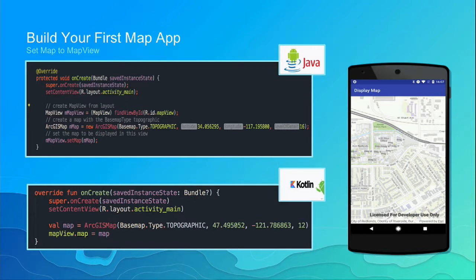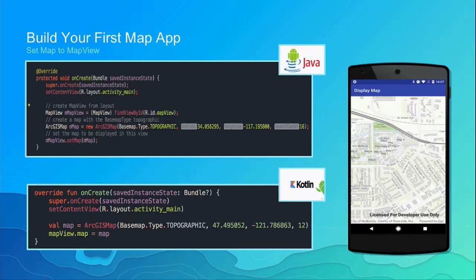You can specify a default base map type, and you can give the level of detail you want to zoom in for the base map, and the location where you want to zoom in first. And once you have your map, you just set your map to the map view. That's it. You build your app and run the app, and your map view should just be available for display.